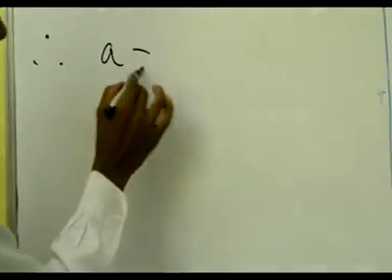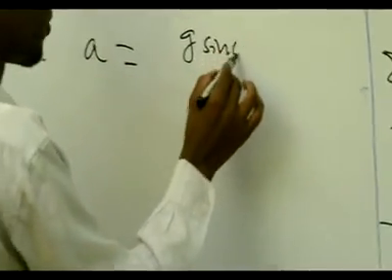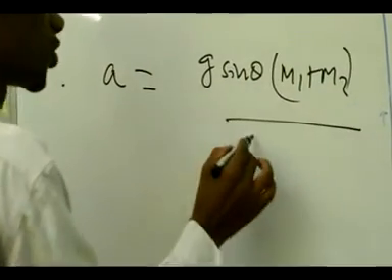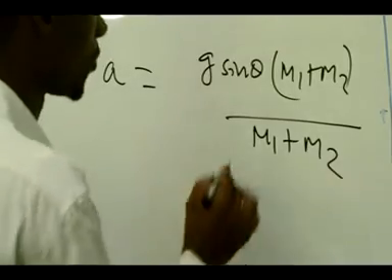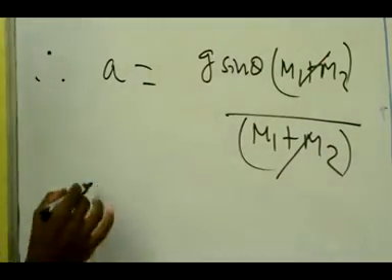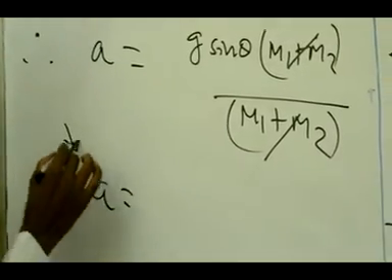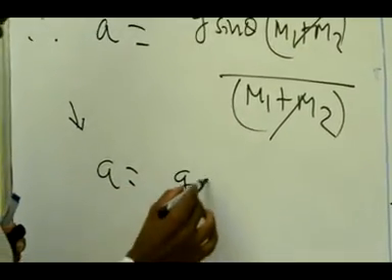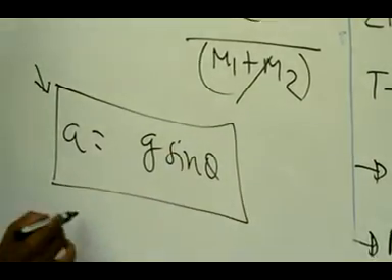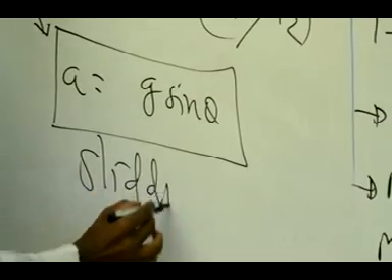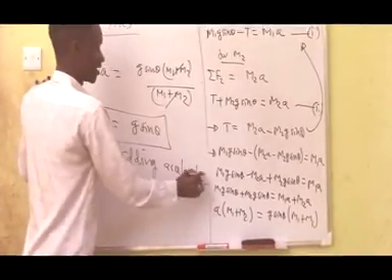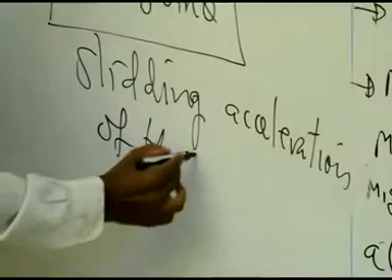Therefore a equals g sine of theta, m1 plus m2 over m1 plus m2, but we cancel the total mass from each. The expression becomes a equals g sine theta. This is also known as the sliding acceleration of the system.